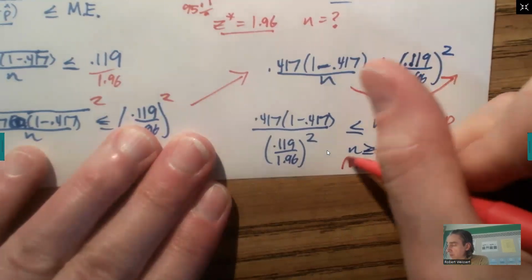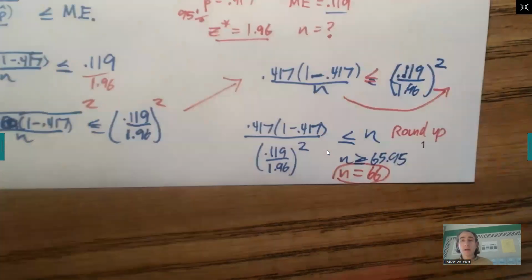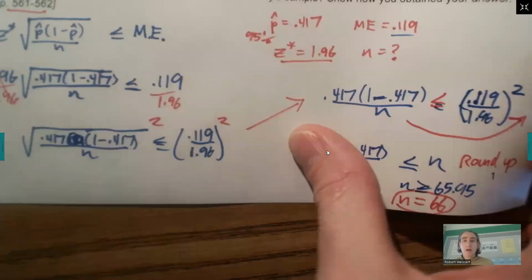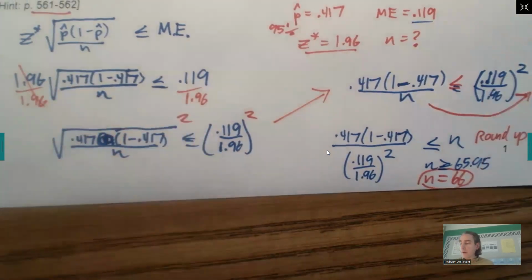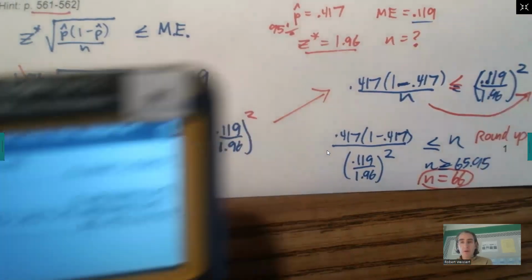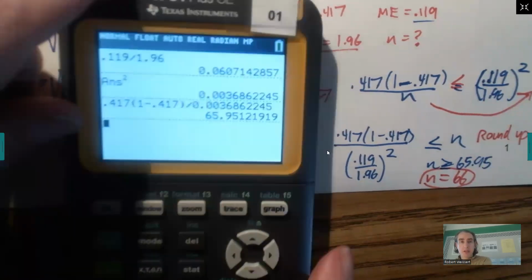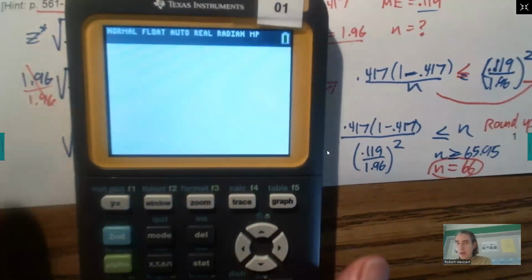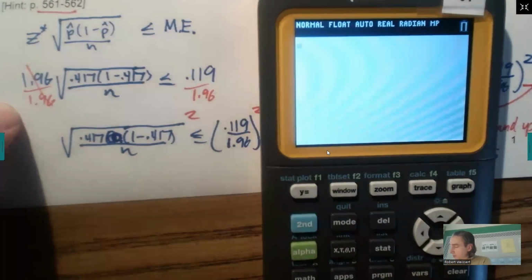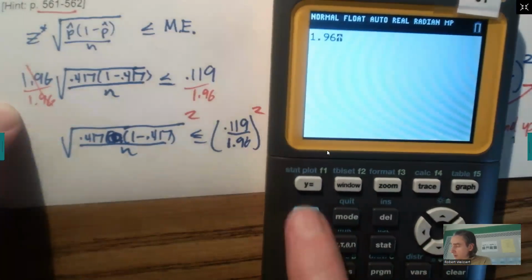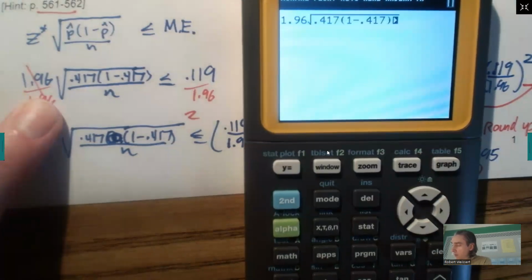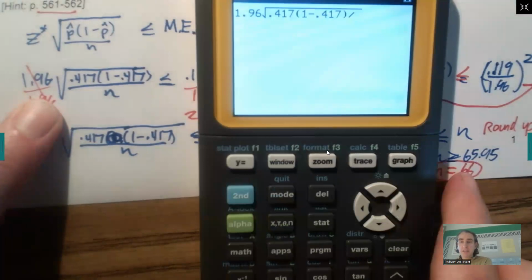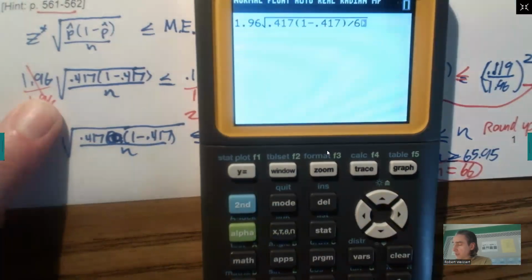That's the minimum sample size we could get away with in this case to get our margin of error within 0.119. We can verify that. If I plug the numbers back in, I would have 1.96 times the square root of 0.417, 1 minus 0.417, over 66.